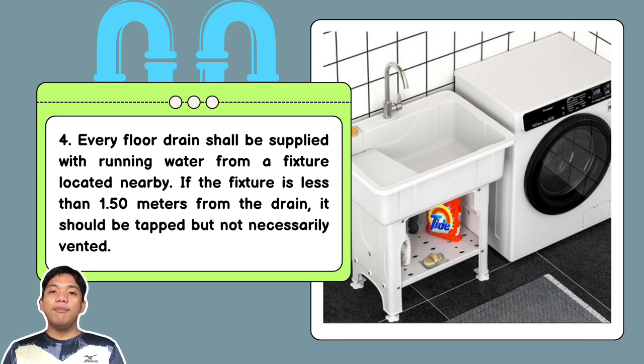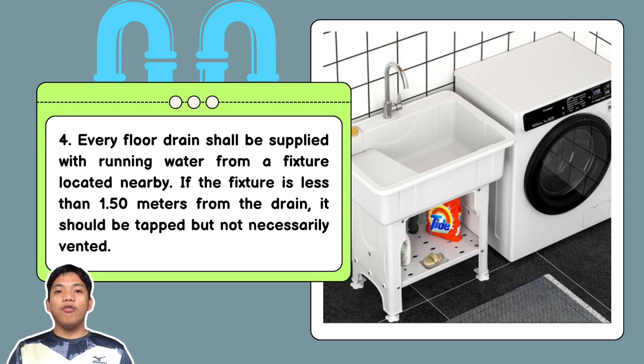So basically what it means dito is kailangan talaga every floor drain is merong running water. If we take a look example din sa ating CRs mostly here dito sa Philippines is every floor drain talaga meron talaga tayong yung faucet. Yan yung fixture na minimin dyan.